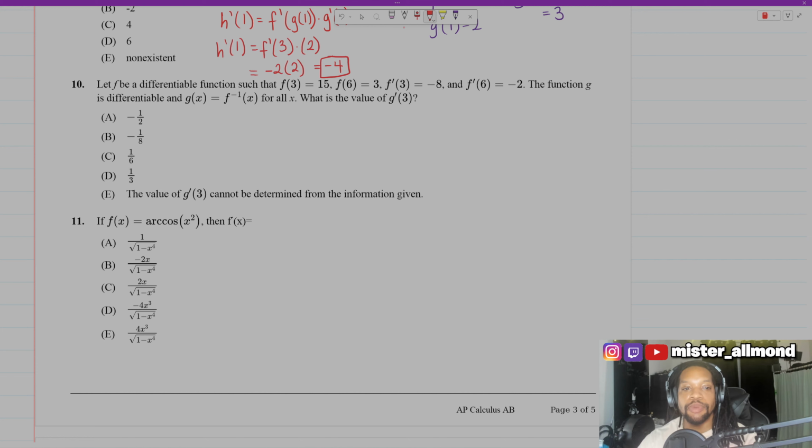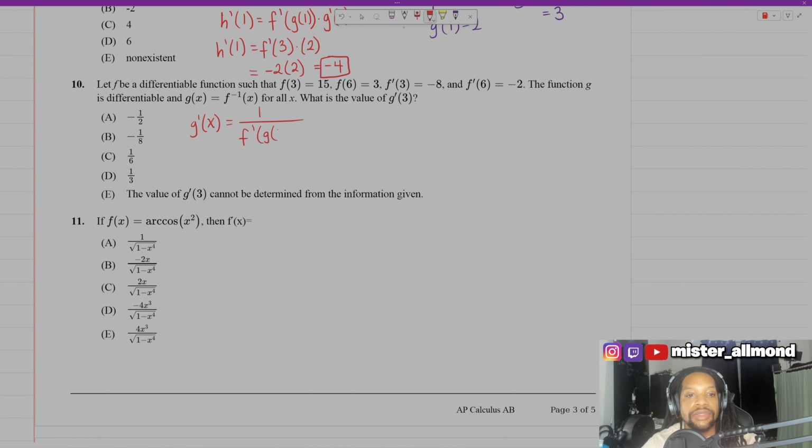But okay, so g prime of 3. Remember, whenever you're trying to find prime of a number, find prime of x first, so that way you have something to plug into. Okay, g prime of x. Actually, no, we'll just use the formula for the derivative of an inverse.